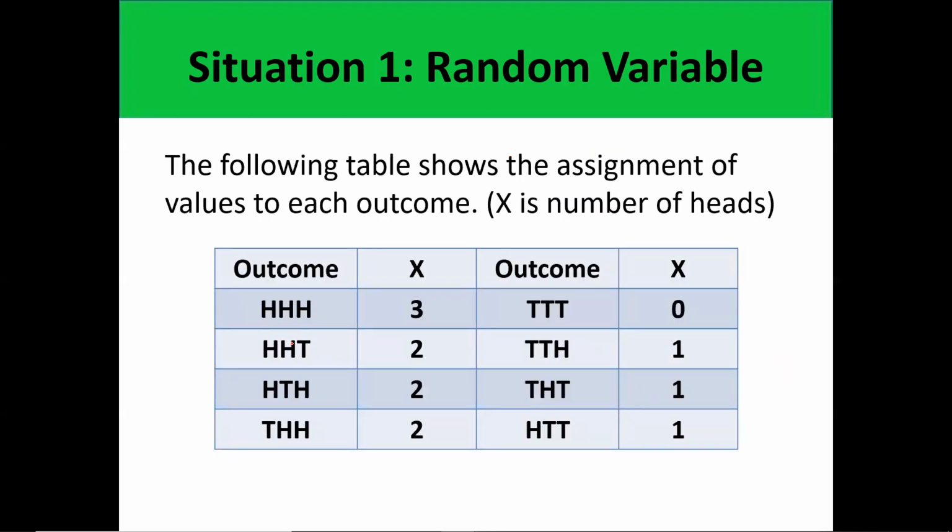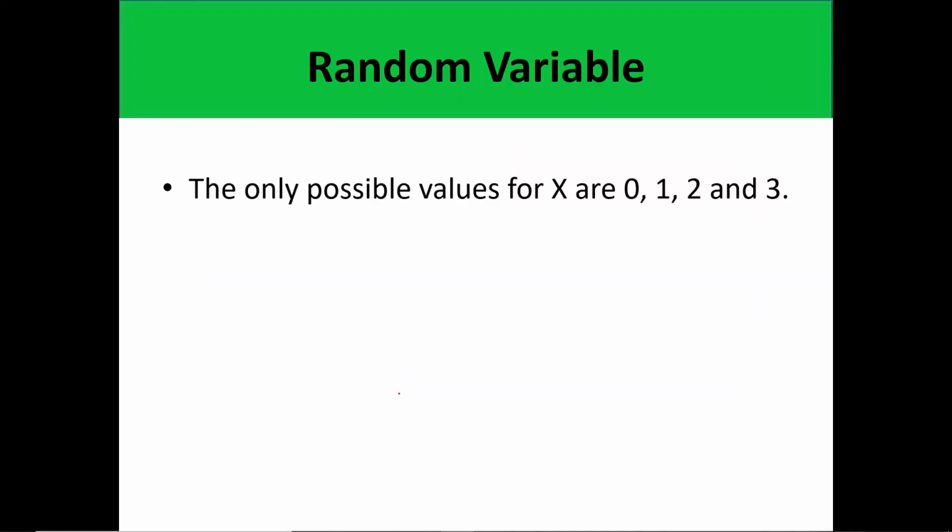So in this table, it is shown the assignment of values for each outcome of the experiment of tossing three coins. Okay, so you already saw these values in the previous slide earlier. So the only possible values for x in that experiment are 0, 1, 2, and 3.